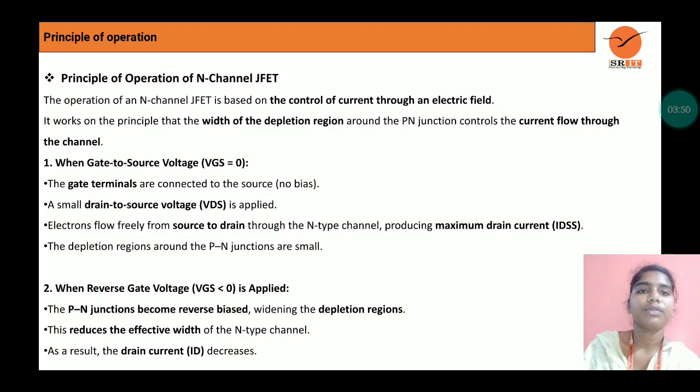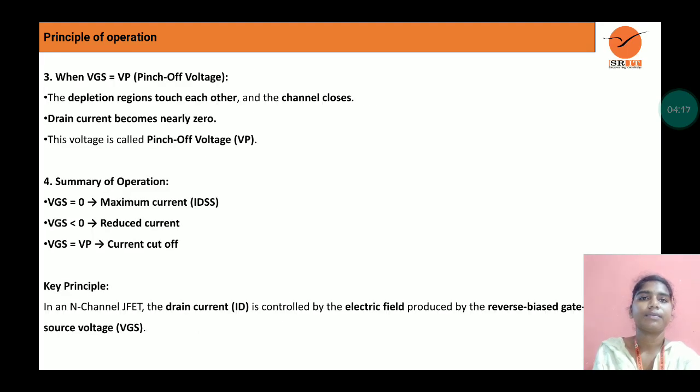When the gate-to-source voltage is 0, the gate terminal is connected to the source, and a small drain-to-source voltage VDS is applied, electrons flow freely from the source to the drain. When a reverse gate voltage is applied, the PN junctions become reverse biased, widening the depletion regions. This reduces the effective width of the channel. As a result, the drain current ID decreases.